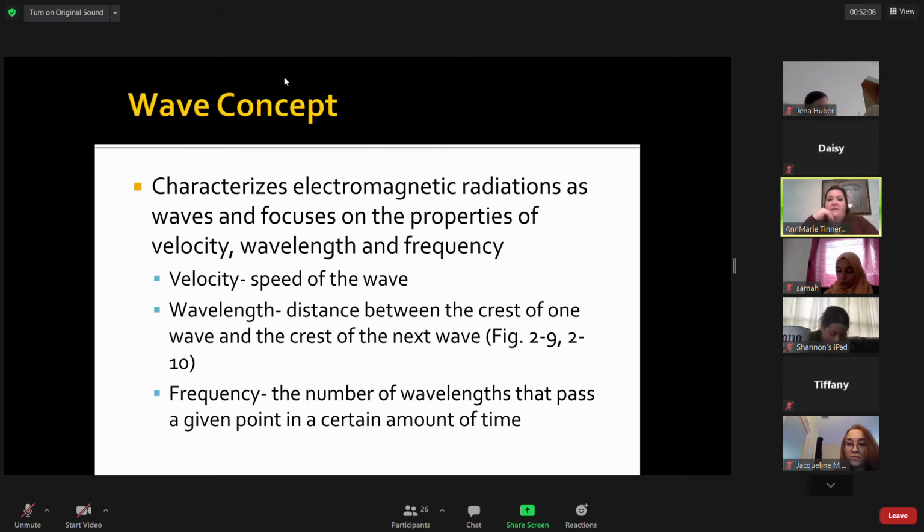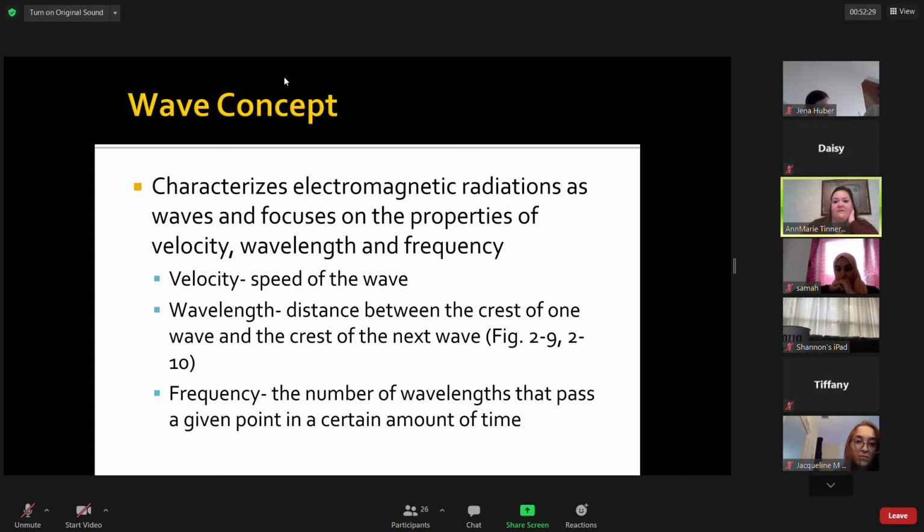All right, the second concept is the wave concept, and this characterizes electromagnetic radiations as waves and focuses on properties of velocity, wavelength, and frequency. Within this chapter, we're going to be talking a lot about velocity, wavelength, and frequency, so you need to understand these. Velocity is the speed of the wave.